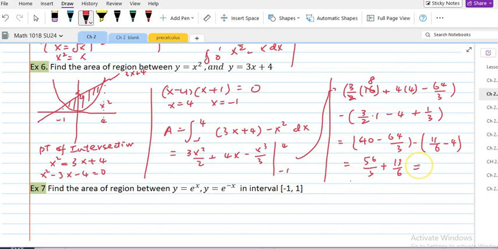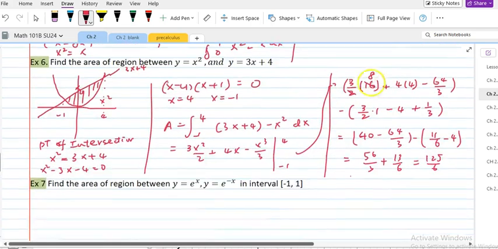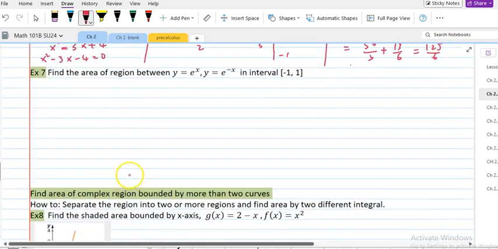So that would equal 56 times 2 plus 13, which is 125 over 6. I just checked with the calculator. It is right.